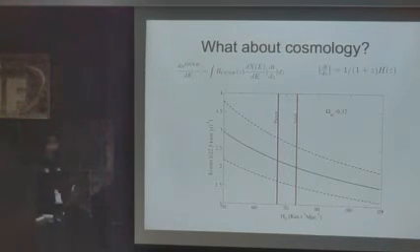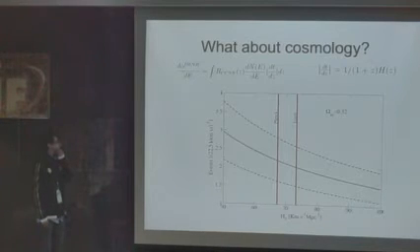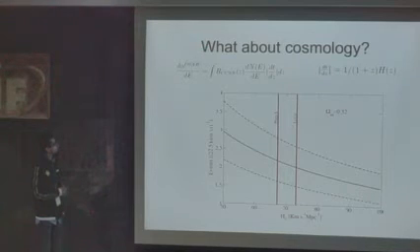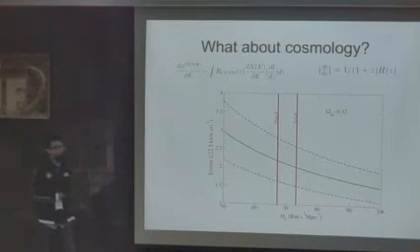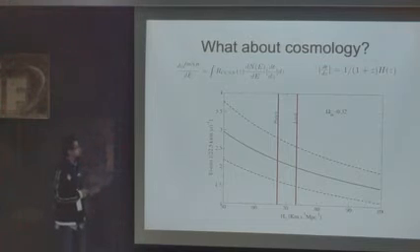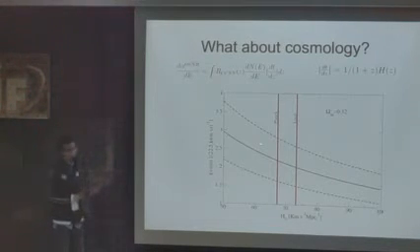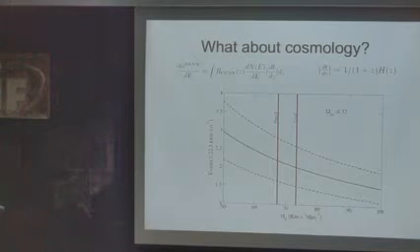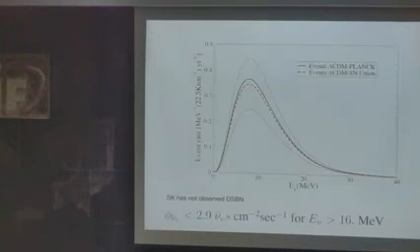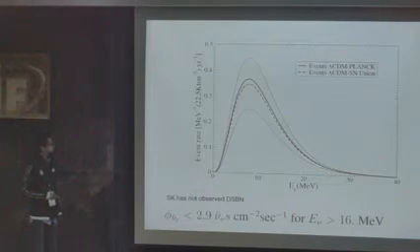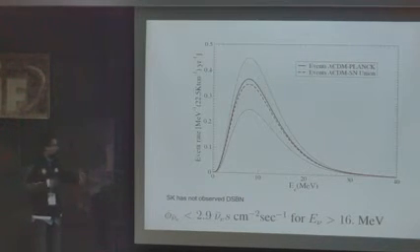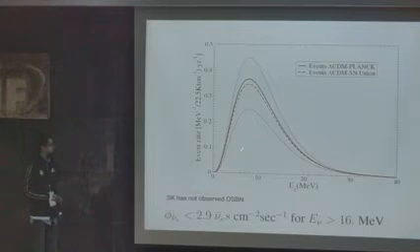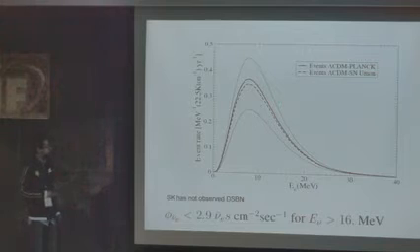But what about cosmology? Actually, most of the flux comes from low redshifts. So when you compute the diffuse supernova neutrino background, you can say, well, I don't know what the integration is, so what is the value of z that I have to put in order to compute the complete flux?